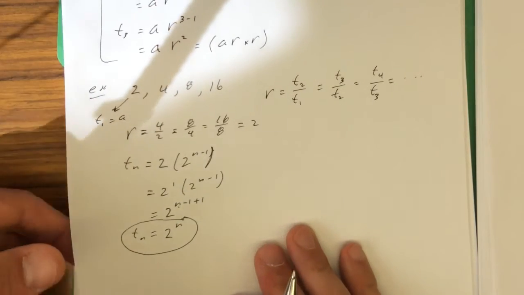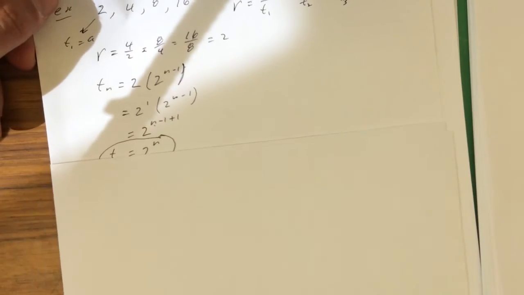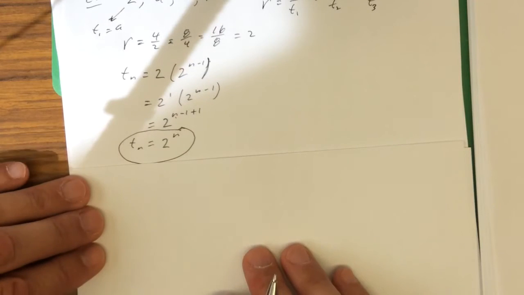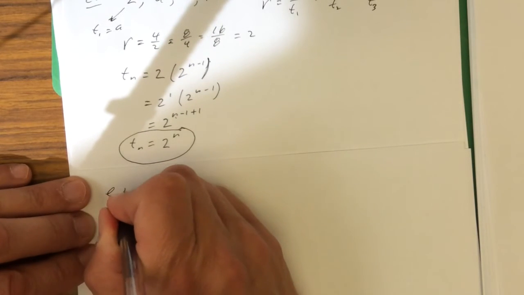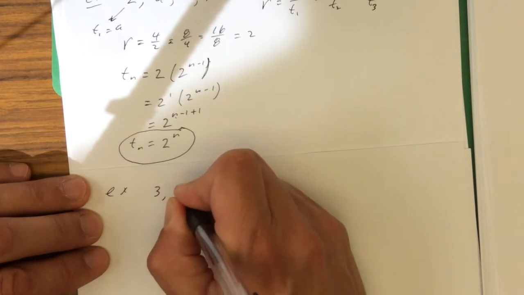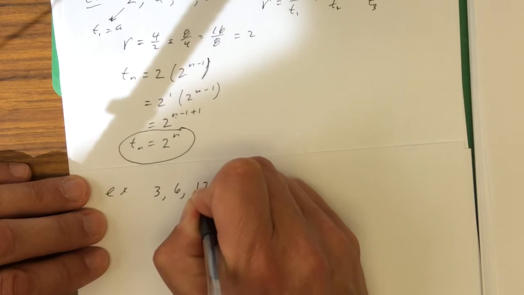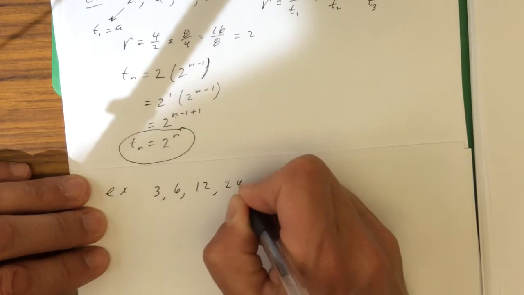Okay, another example, just a quick one here: imagine you start with 3, and then you go to 6, and 12, and 24.